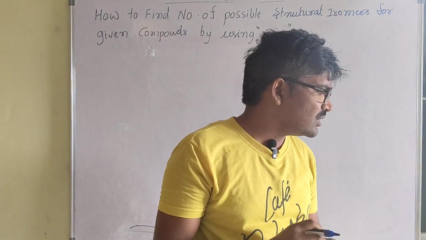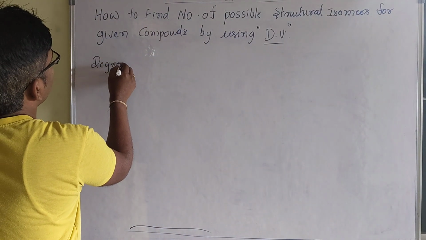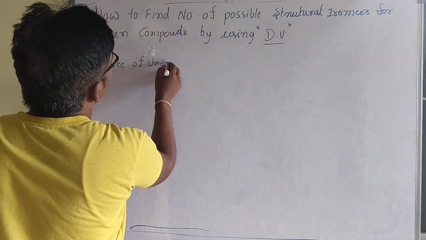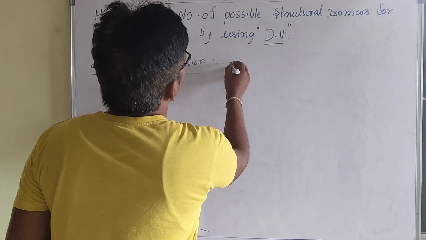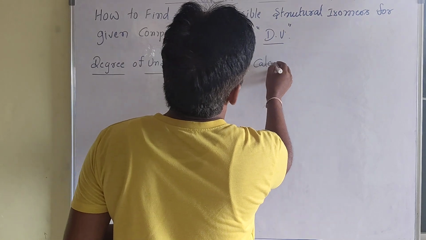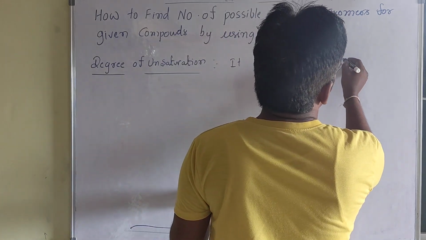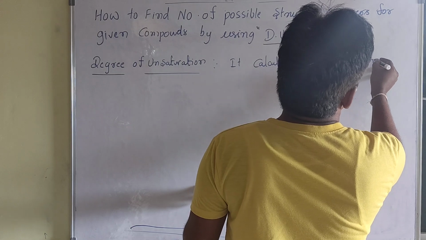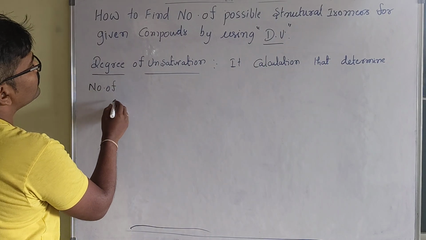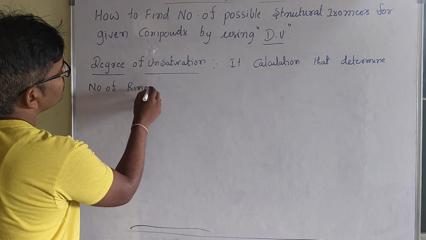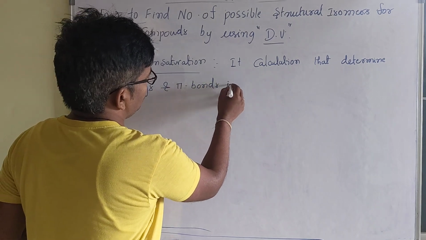Sir, what is the degree of unsaturation? Degree of unsaturation is nothing but a calculation that determines the number of rings and pi bonds in the compound.